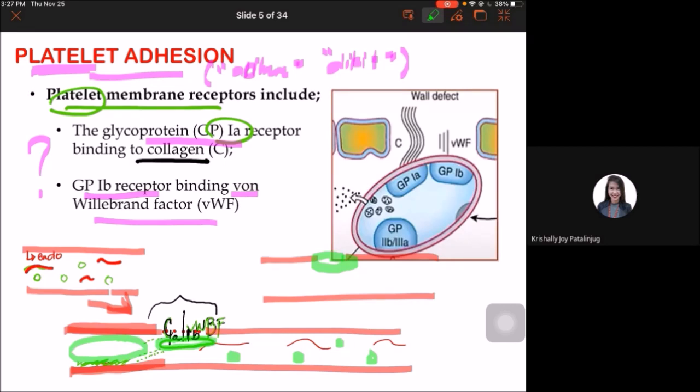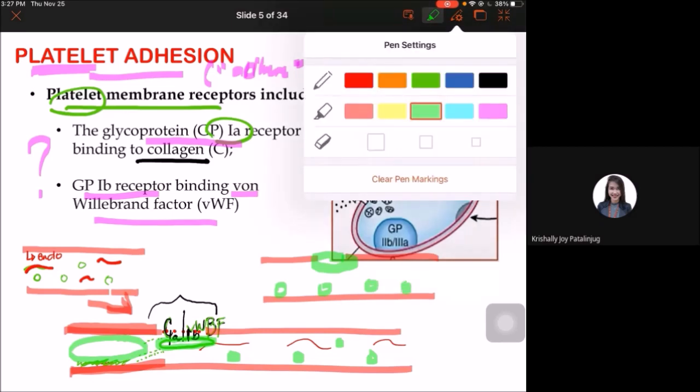Okay? Now, take note, kapag may unang dumikit or nag-adhere na on that particular site or injured endothelium, other platelets nga freely circulating, dili na sila basta-basta mo-adhere diretso. They will remain resting, they will stay resting.